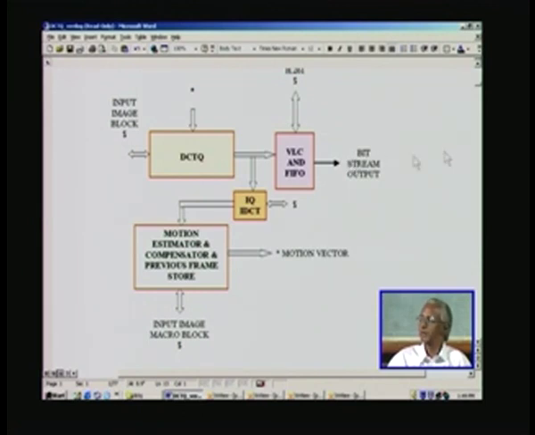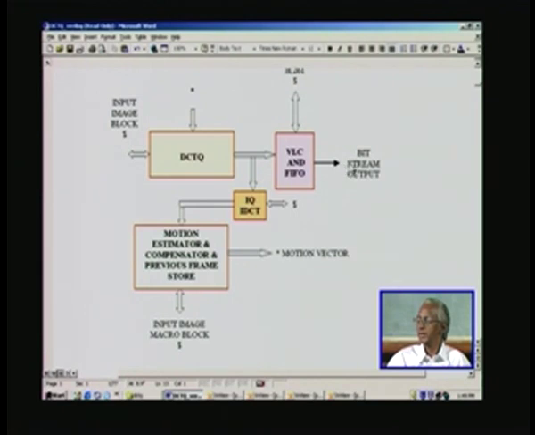This will go right out on the channel as a serial channel, and unfortunately we can't use present day networks because you can't process any real time image, and even for a still image it will be difficult, and we need a dedicated channel for that.